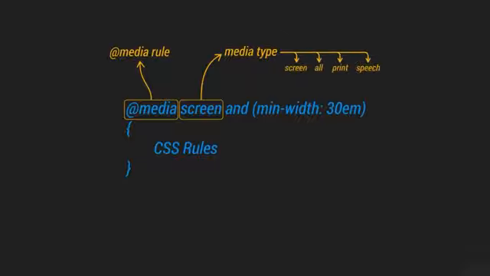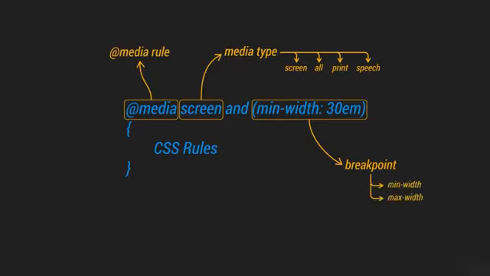These are the 4 types of media which are most commonly used. Then to specify the amount of screen to cover, which is also known as breakpoint, we give the minimum width, maximum width, prefixed with AND, which is a logical operator.